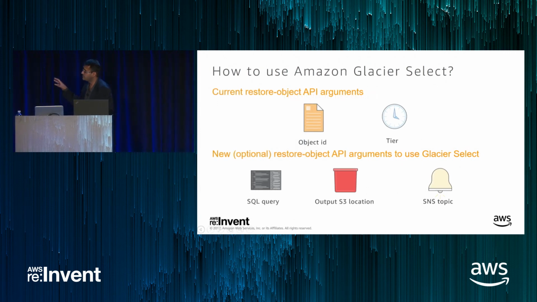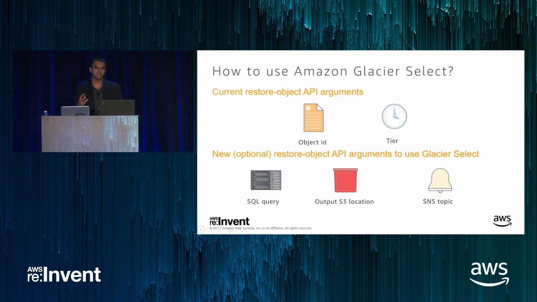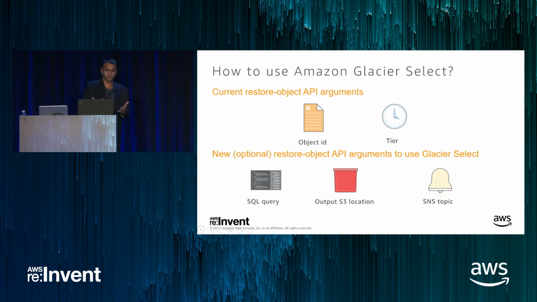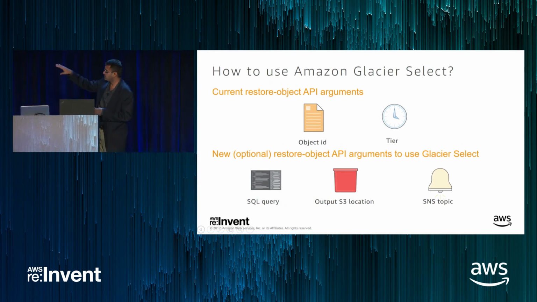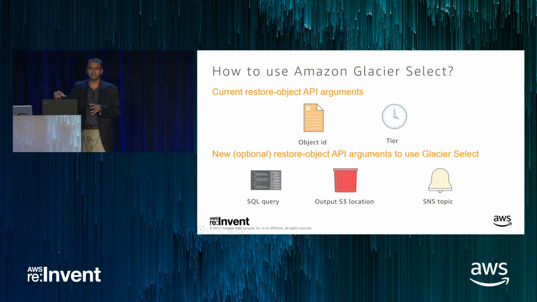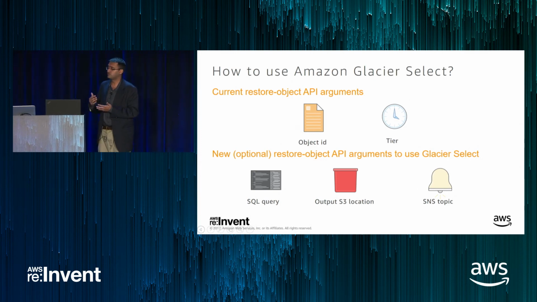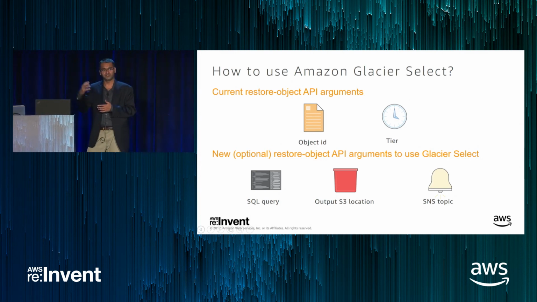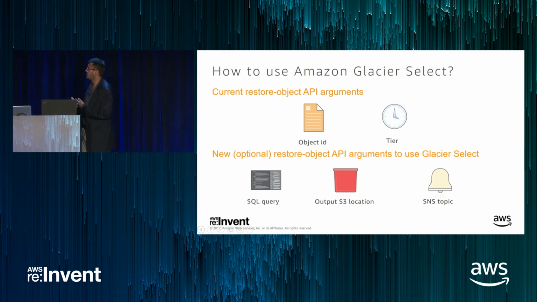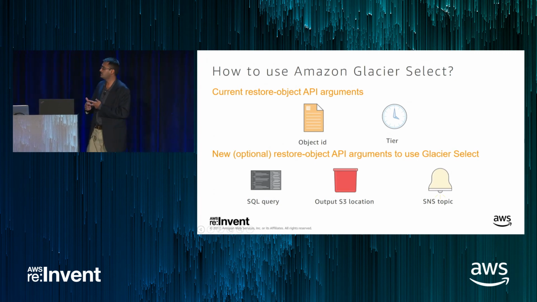I did mention briefly that we've extended the current restore object API argument. If you look at the top row here, today if you were to restore an object from Glacier, you would provide us 2 arguments. You would provide an object ID, which you want to restore, and you would provide us a tier. Like I mentioned, the tier can be bulk, standard, or expedited.